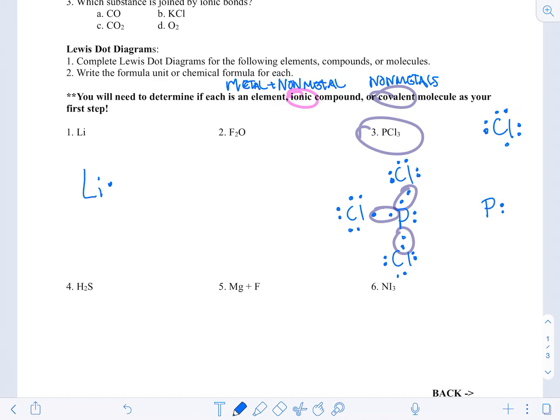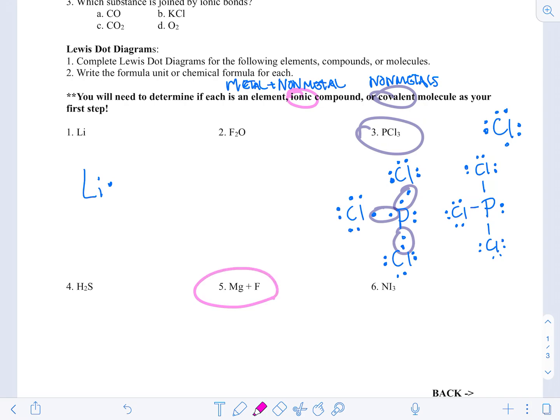Now if you want to rewrite it, I would rewrite it this way. So remember, one line equals 2 valence electrons, and the pairs of dots represent 2 non-bonding electrons.